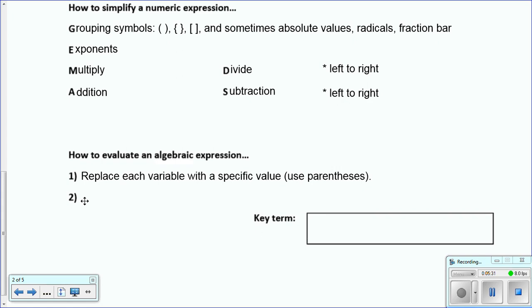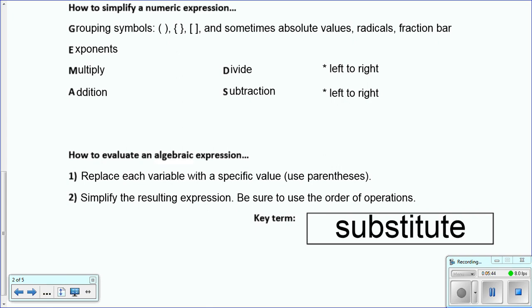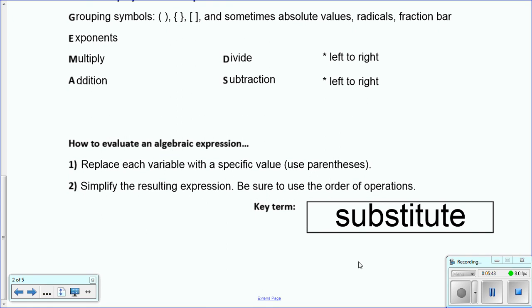It's going to keep you from making a mistake when it comes to negatives especially. Use parentheses. And two, then you just go ahead and simplify and be sure you're using the order of operations. Okay? Key term is to substitute. Cool? Alright, cool. That's page 1.